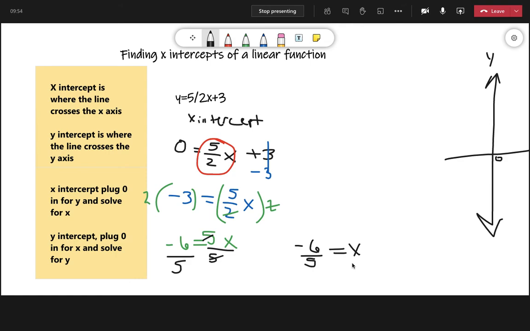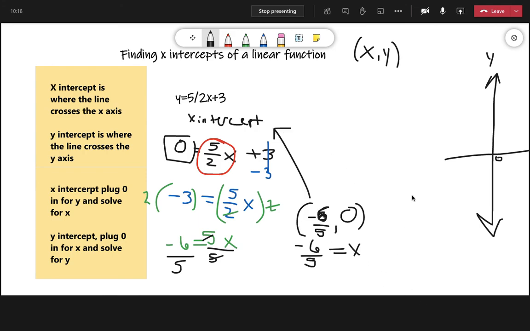Points are written as x, comma, y. So we have negative 6 fifths, and our y we plugged in 0, so our y will be 0. That is our x-intercept.